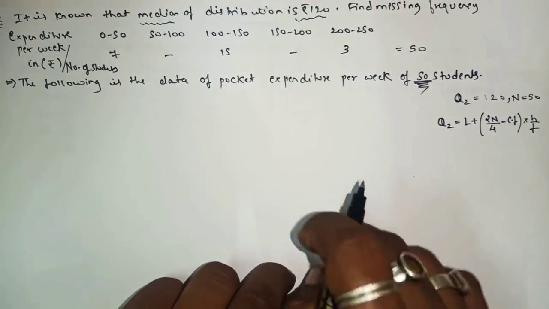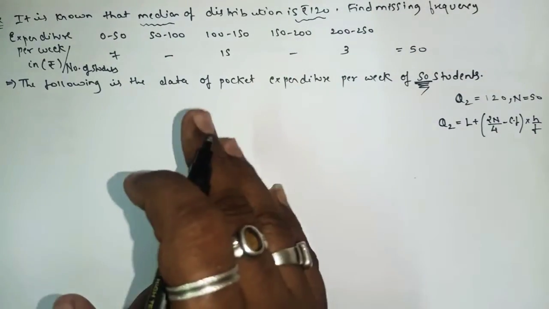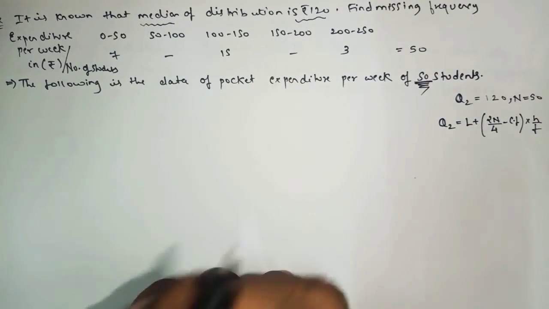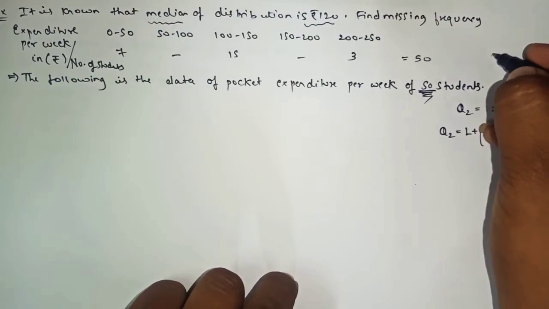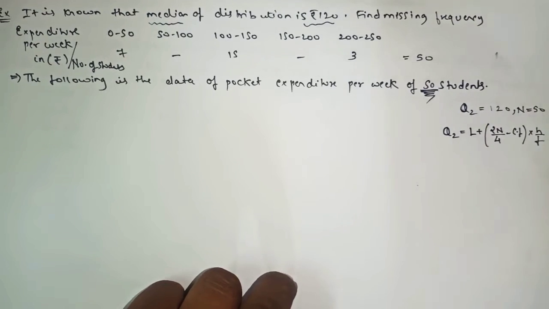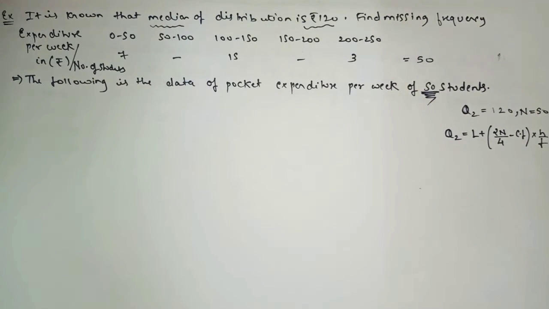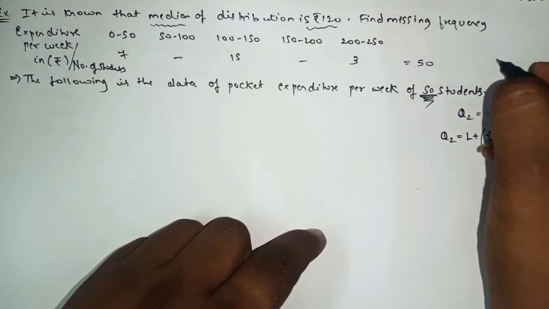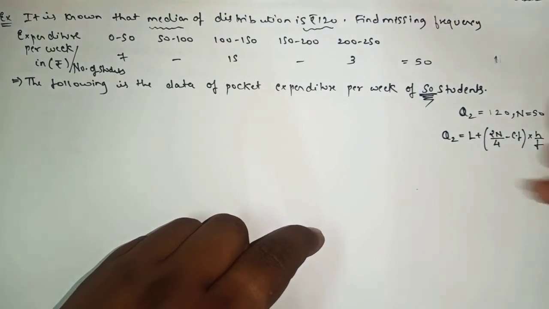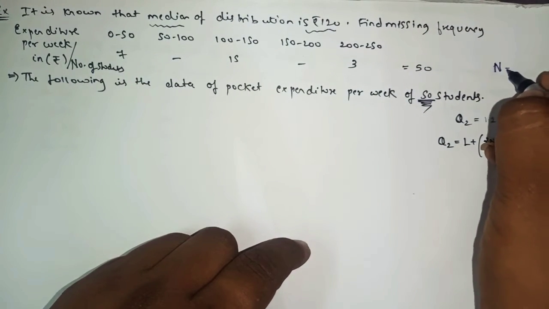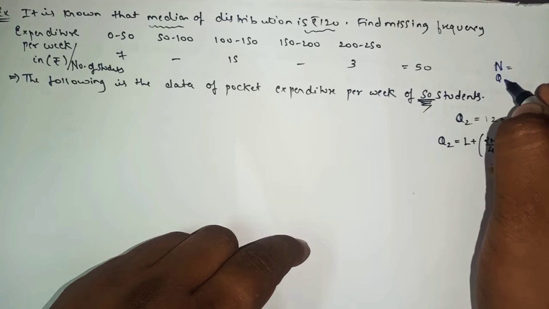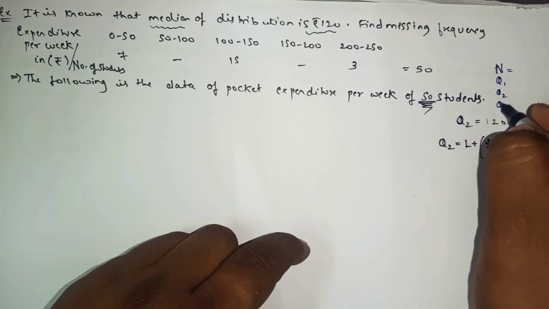See to it that whenever you come across a question where you have to find the missing frequency, you must have the value of n in the question, as well as Q1, Q2 or else Q3.